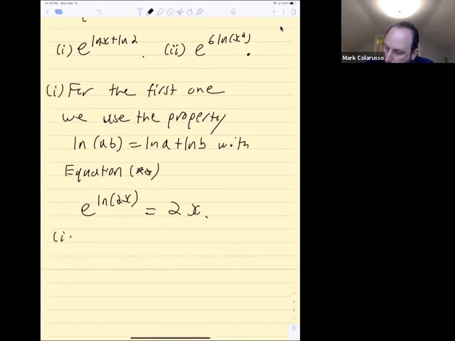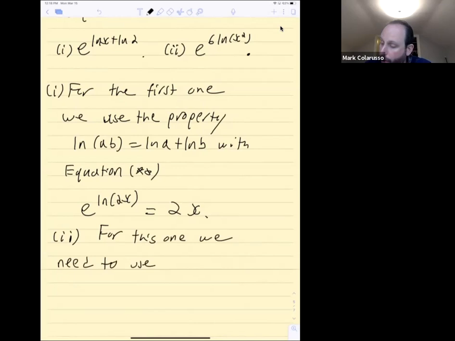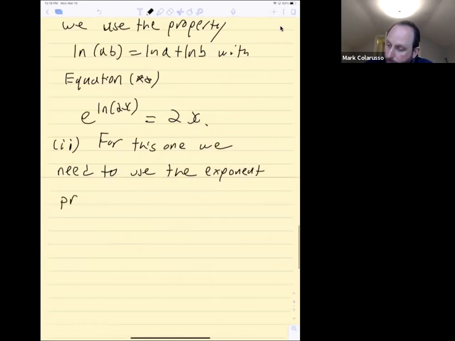So for the second one, we need to use the exponent property of the logarithm. So ln a to the r is r ln a.